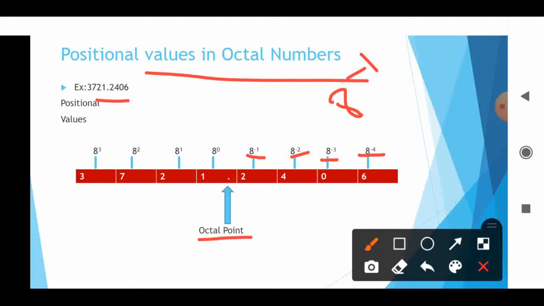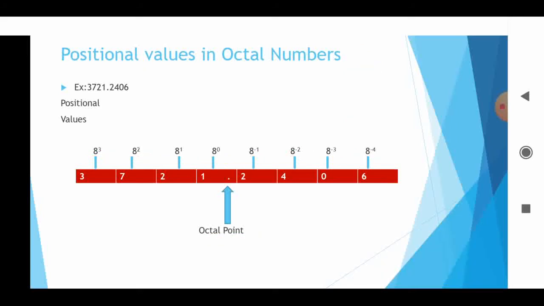Before the octal point, from the last digit, you start with 8 power 0, 8 power 1, 8 power 2, 8 power 3. This is the way you represent an octal number. Next class we will see the conversion of decimal numbers from one number system to another. So these are the positional values in octal numbers.